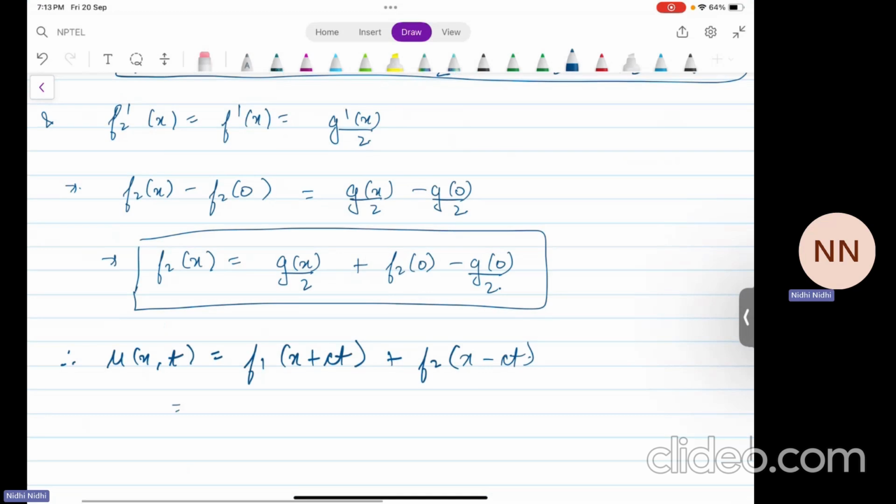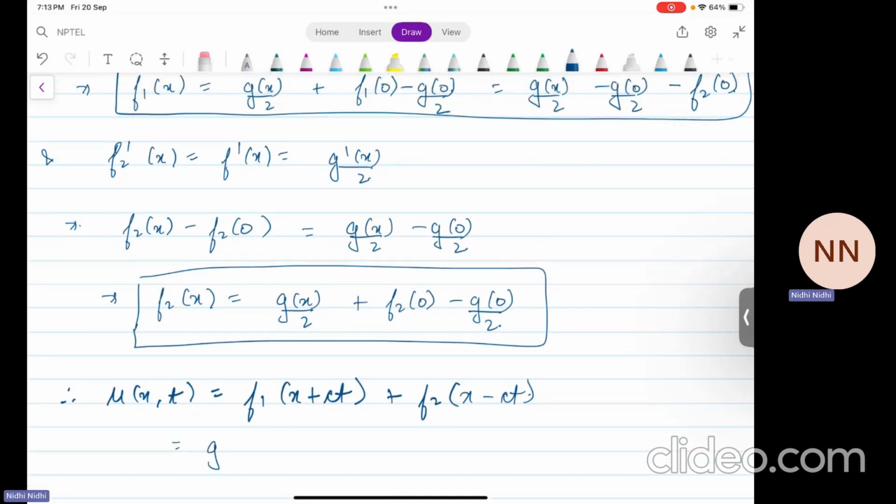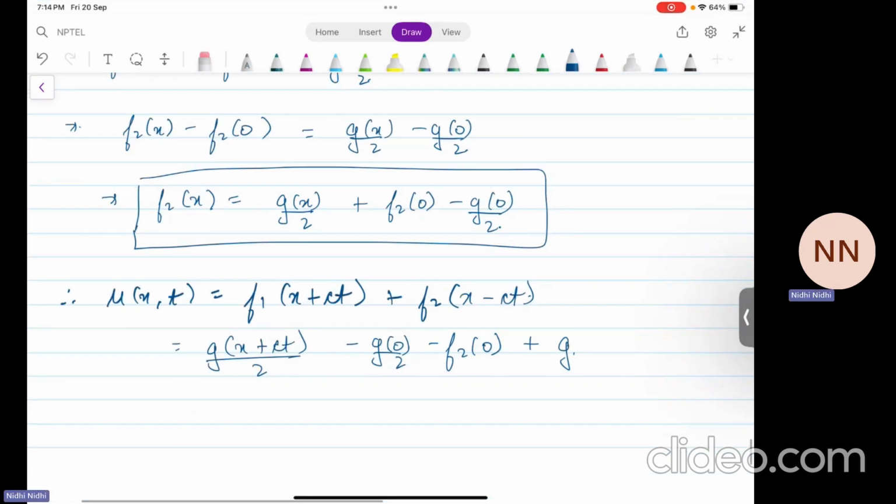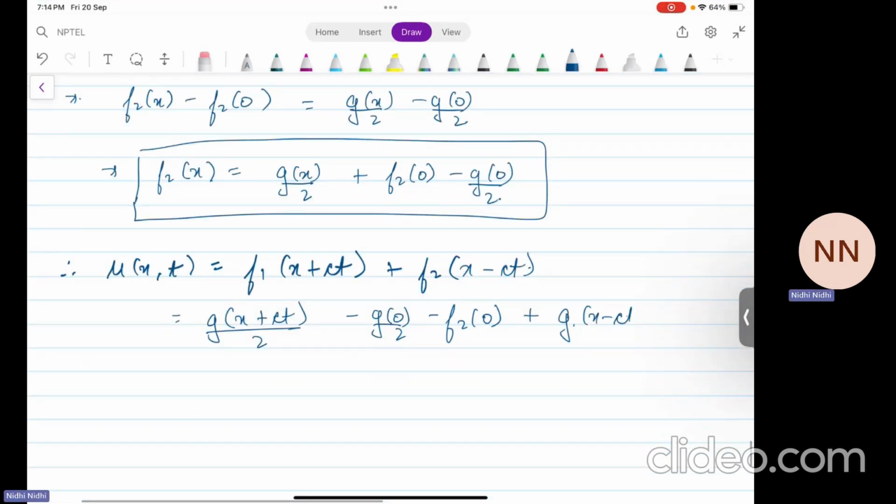This is equal to, now f1 at x is g(x plus ct)/2 minus g(0)/2 minus f2 at 0, plus f2 at x minus ct is g(x minus ct)/2 plus f2 at 0 minus g(0)/2.